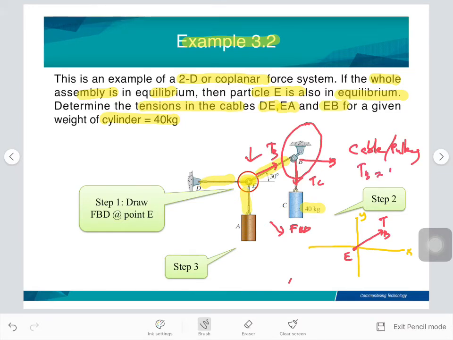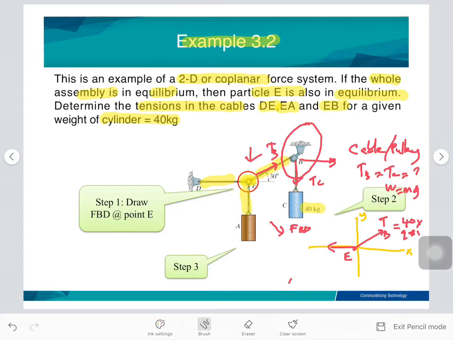TB is equal to TC because it is a cable or pulley. So what is TC? TC is given by the cylinder weight. TC is equal to W is equal to mg. So here TB is equal to 40 times 9.81.